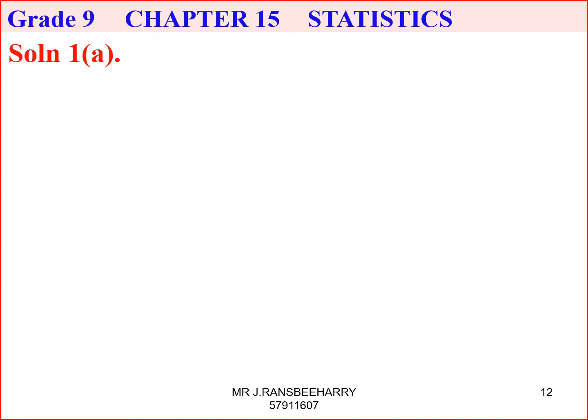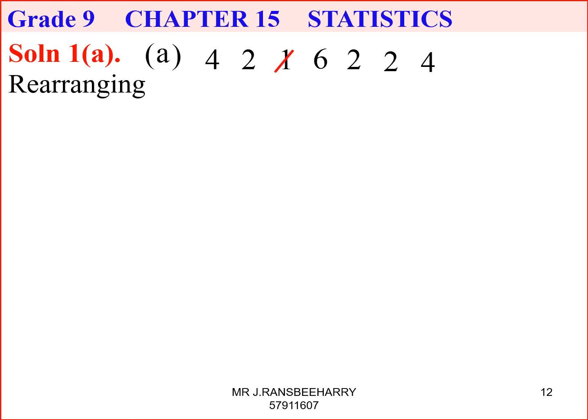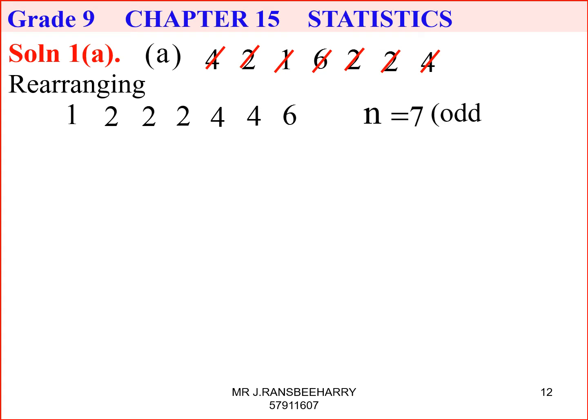Solution, part A: we have 4, 2, 1, 6, 2, 2, 4. First step, we must rearrange in ascending order. So we have 1, 2, 2, 2, 4, 4, and then 6. In all we have 7 numbers. So n is equal to 7, odd. n means number of figures.